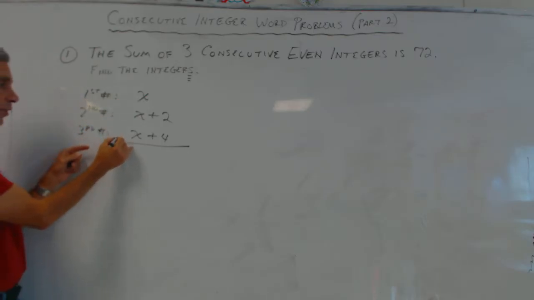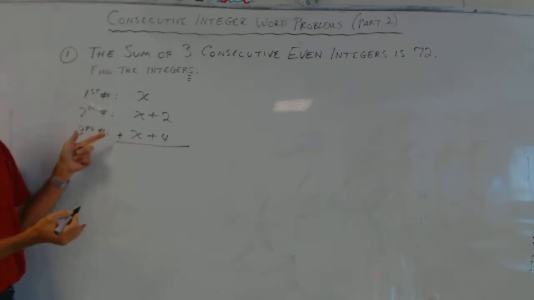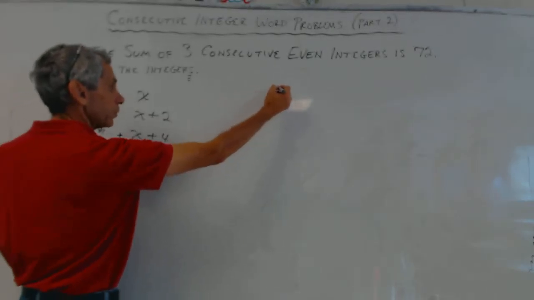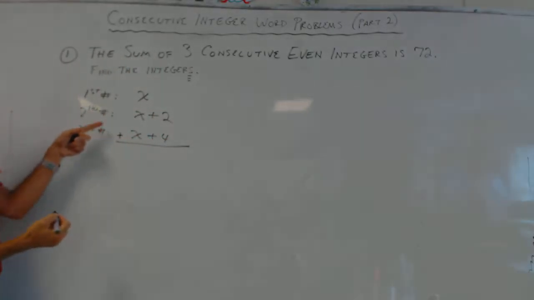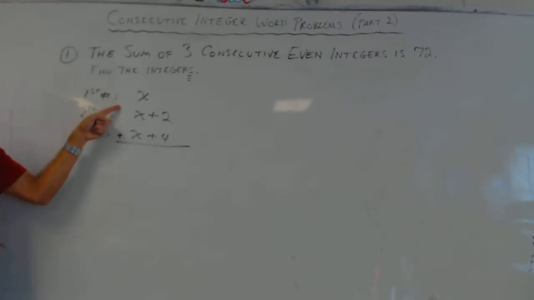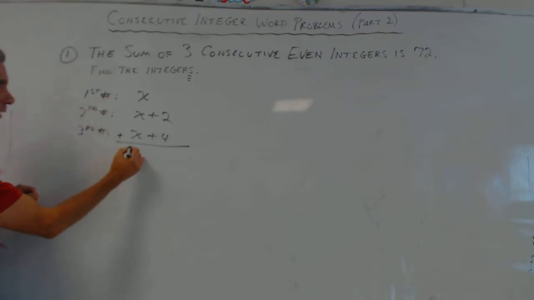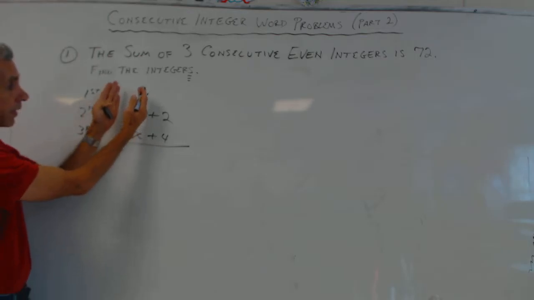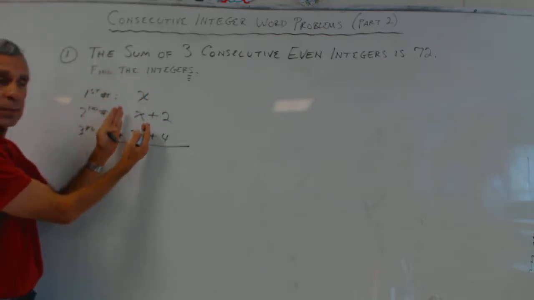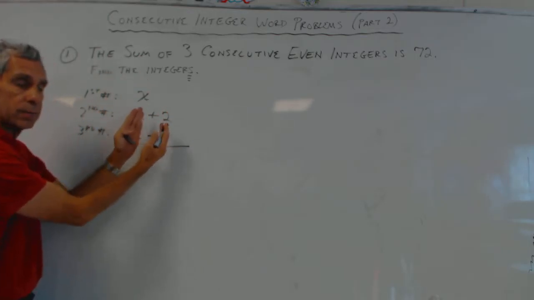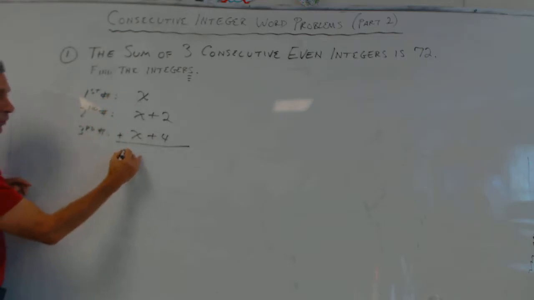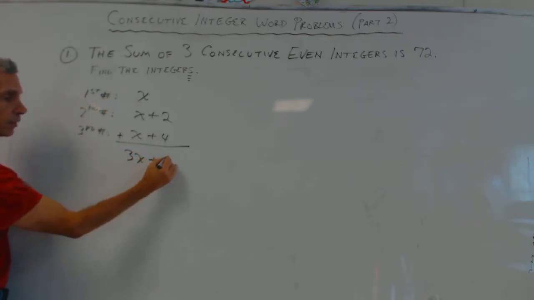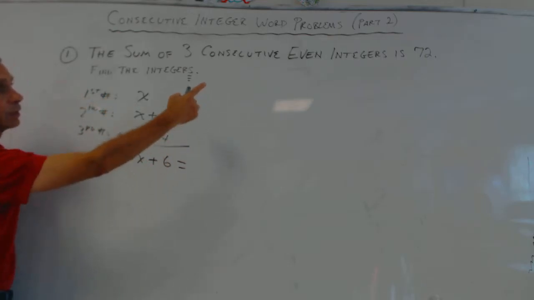So I like to do the vertical method like this. I mean, I could do x plus 2 plus x plus 4, but to me this is so simple. Look at it. How many x's do I have? 3. Notice I was talking about columns and neatness earlier. I have all my x's exactly in the same column. I have all my numbers in the same column. So when I add them together, I have 3x plus 6.